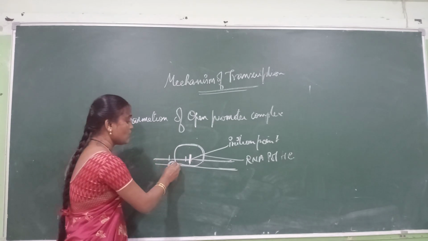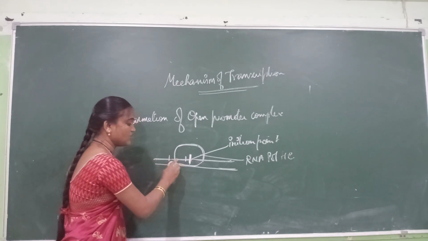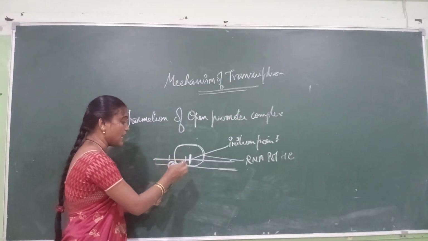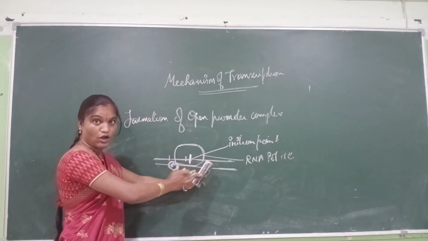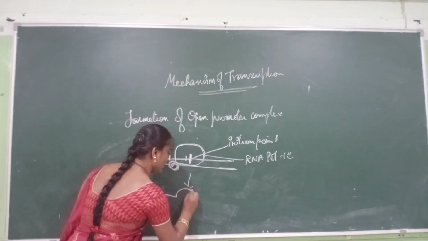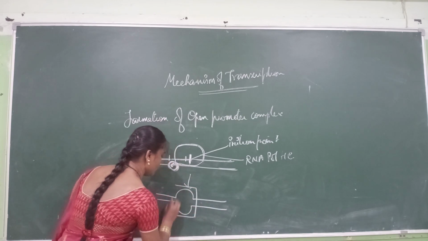Prokaryotic RNA polymerase is identified, and this particular promoter sequence is identified by the sigma factor, and hence the RNA polymerase will align on your DNA template and form an open promoter complex.